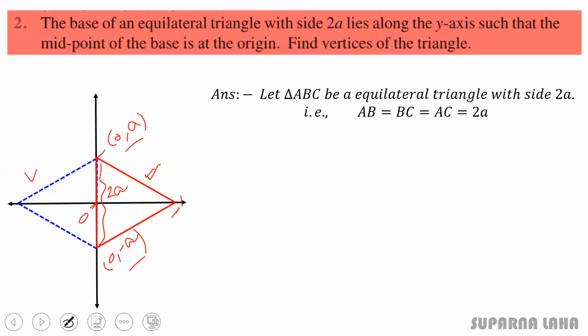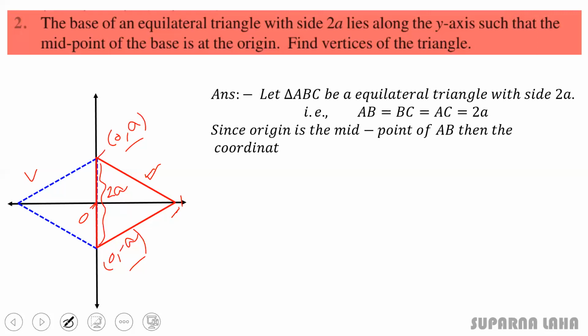Since it's an equilateral triangle, AB, BC, AC are all 2a. So write down this, since the origin is the midpoint of the base, the coordinates of A and B are given by 0, a and 0, -a.